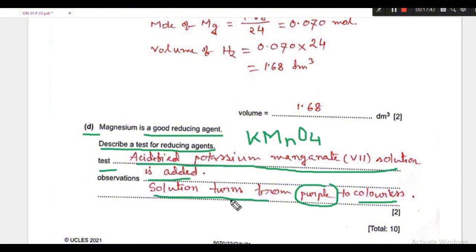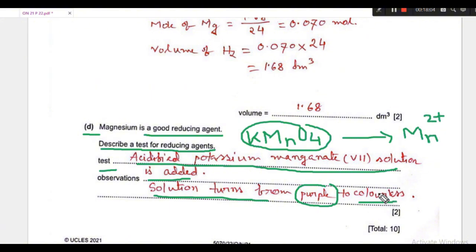Reducing agent reduces potassium permanganate to manganese 2, Mn2 plus.